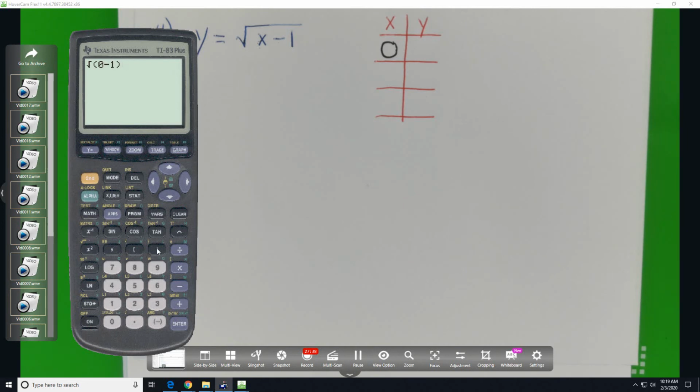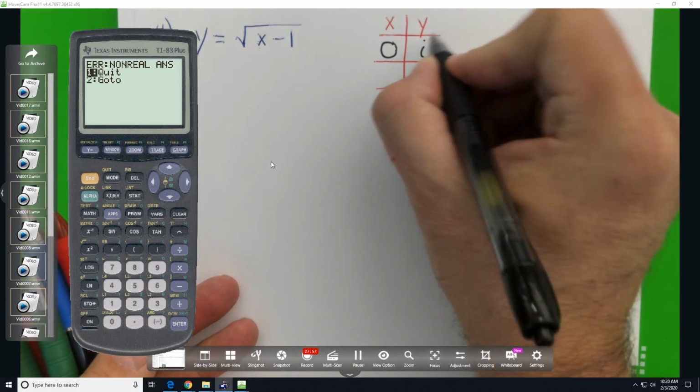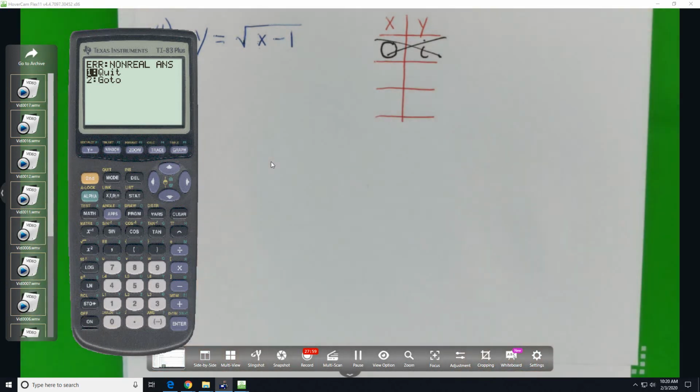Well, 0 minus 1 is negative 1. What's the square root of negative 1? It's i, an imaginary number. So we can't put a 0 in.